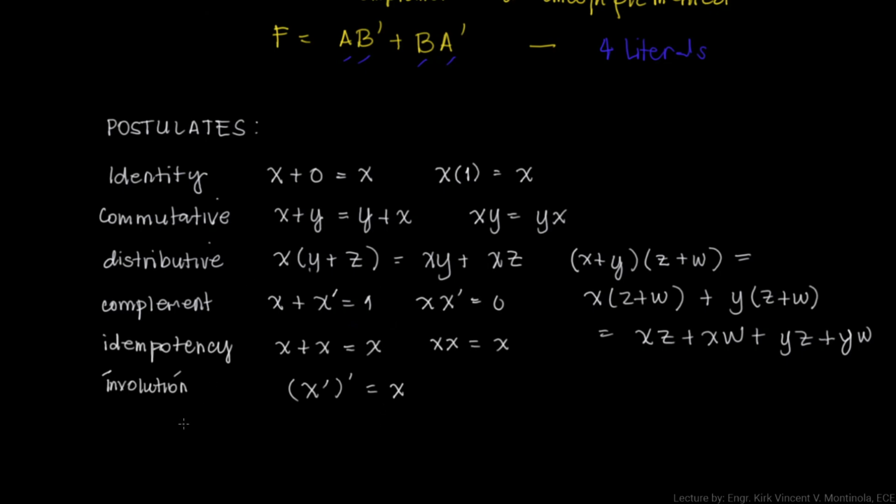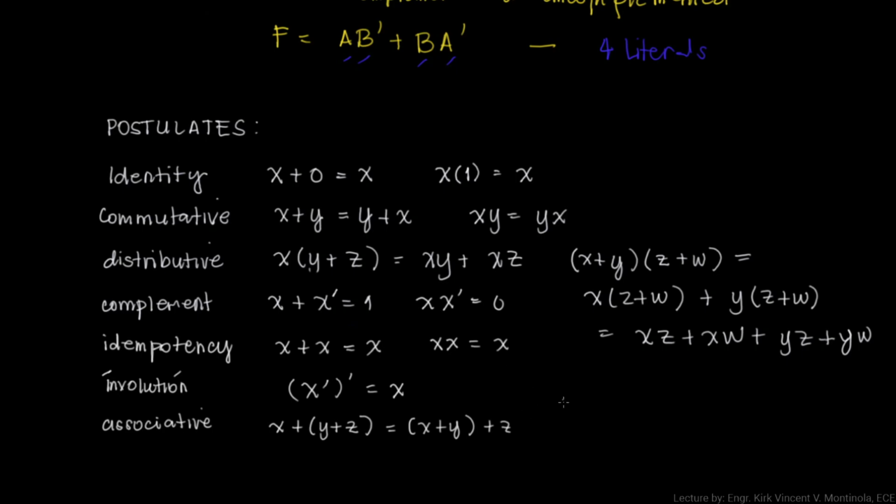And then we have also the associative law. For example, we have x plus quantity y plus z. We can also say that it is x plus y plus z. So you can freely move the parentheses between the equations.